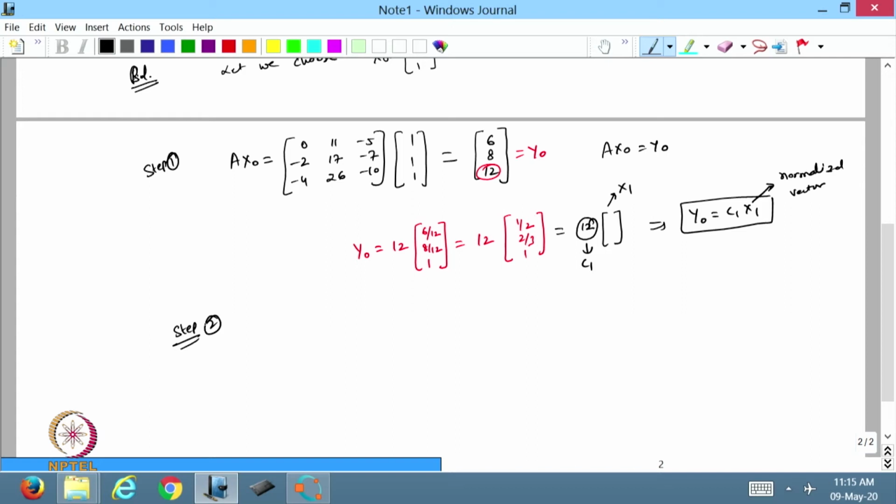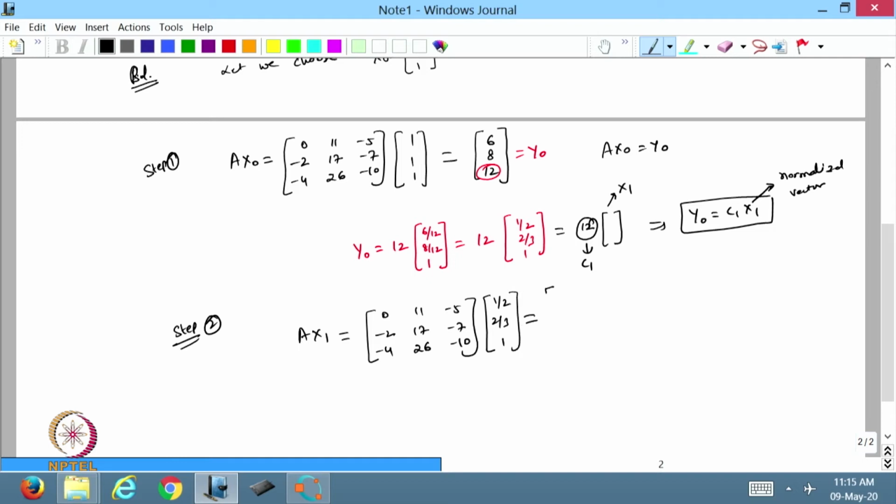So, from step 2 I will do A and now I will multiply by x1, this is a normalized vector. So, from here I will get my A, which is again the same matrix, and then from here I choose 1 by 2, it is 2 by 3 and 1.